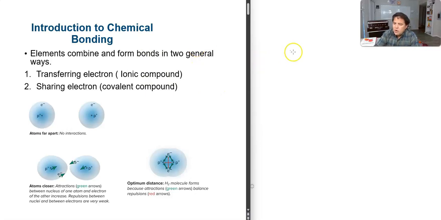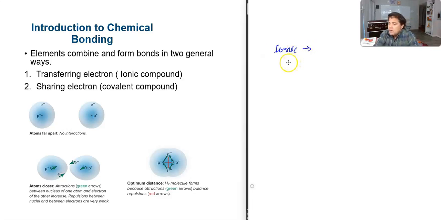The ionic bond means transfer of electron, and the covalent bond means sharing of the electron. But what do you mean by the sharing of the electron? Now let's see two things. This is one atom, it has a proton nucleus, and it also has an electron.